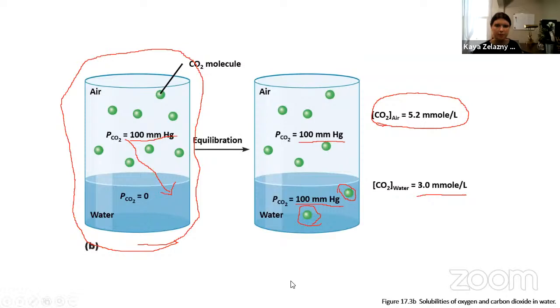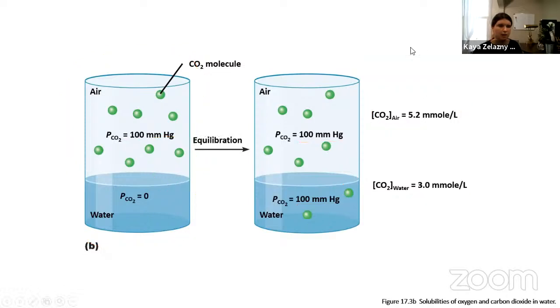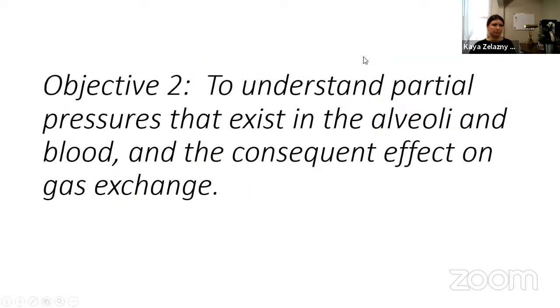Okay, clear my scribbles. Okay, so what we really want to understand is the partial pressures in the alveoli and in the blood, and therefore how the gas, our oxygen and our carbon dioxide, is flowing through the lungs and then the cardiovascular system.